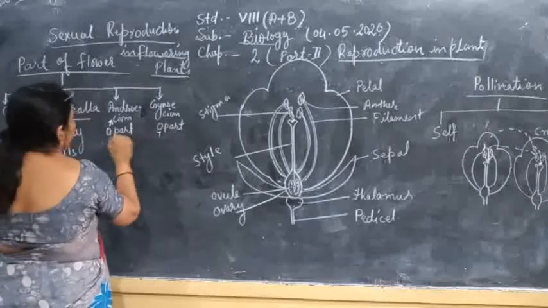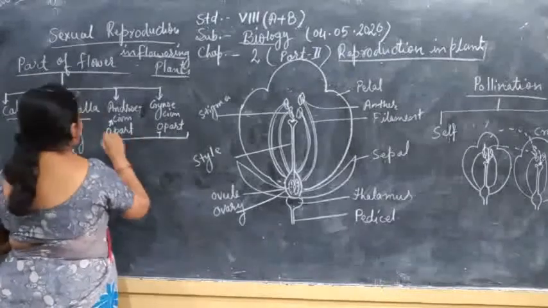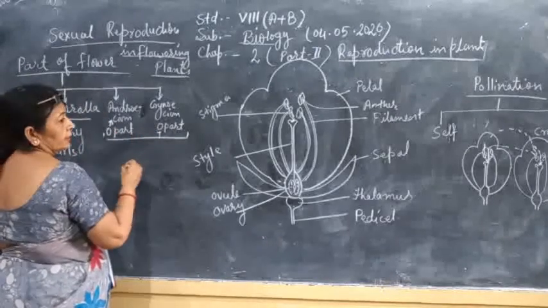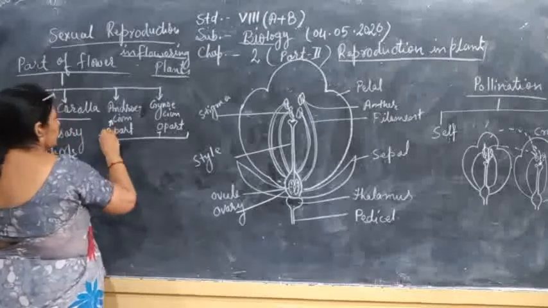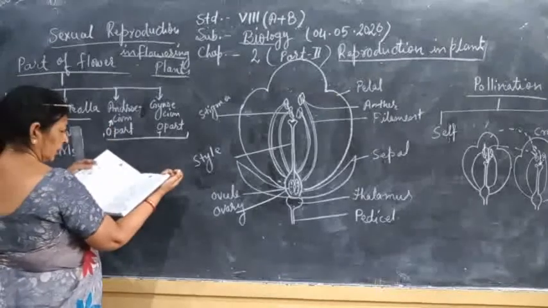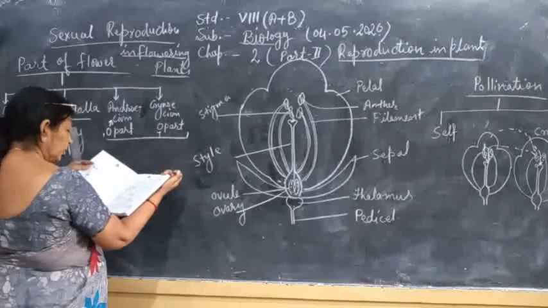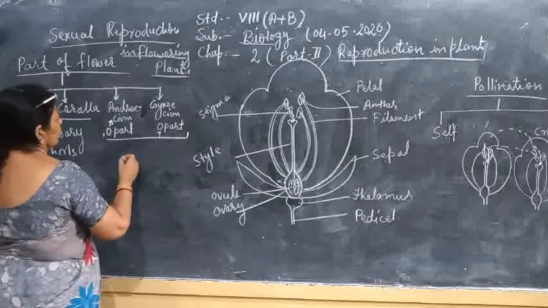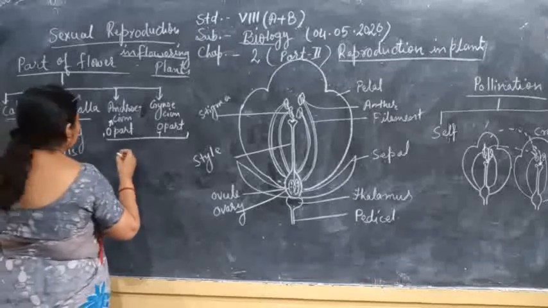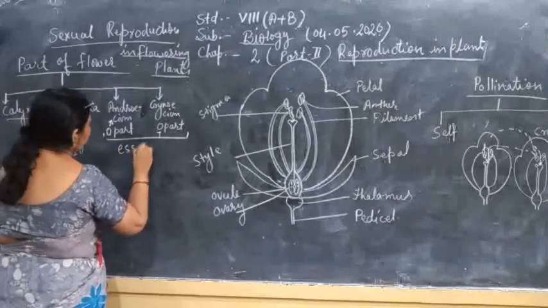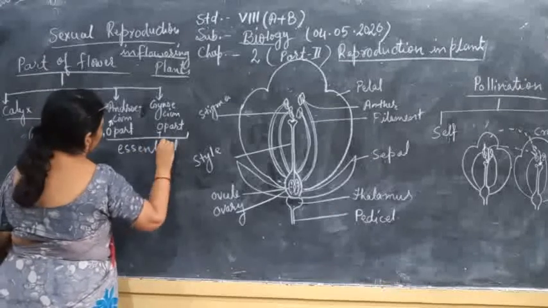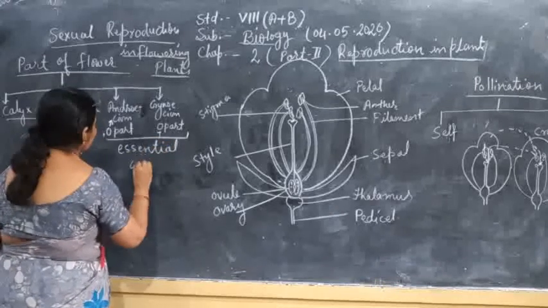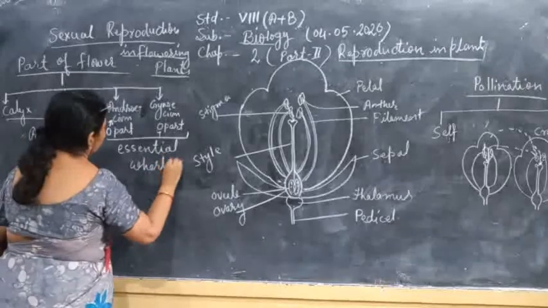The inner two whorls, androecium and gynoecium, are directly concerned in reproduction and are called essential whorls.